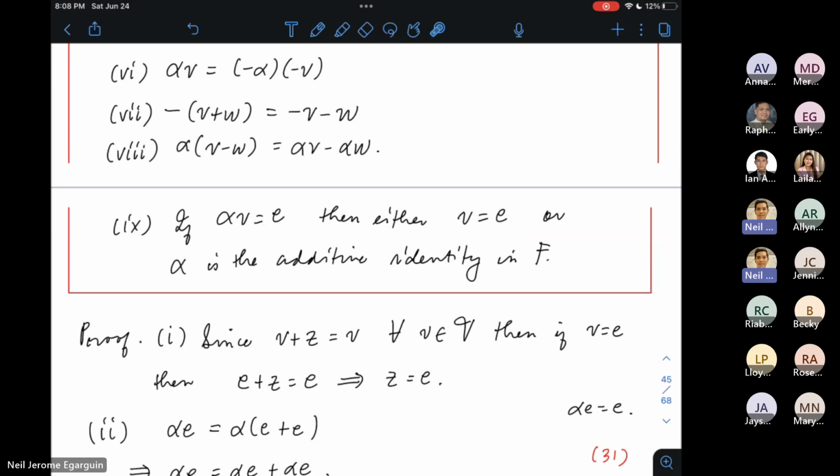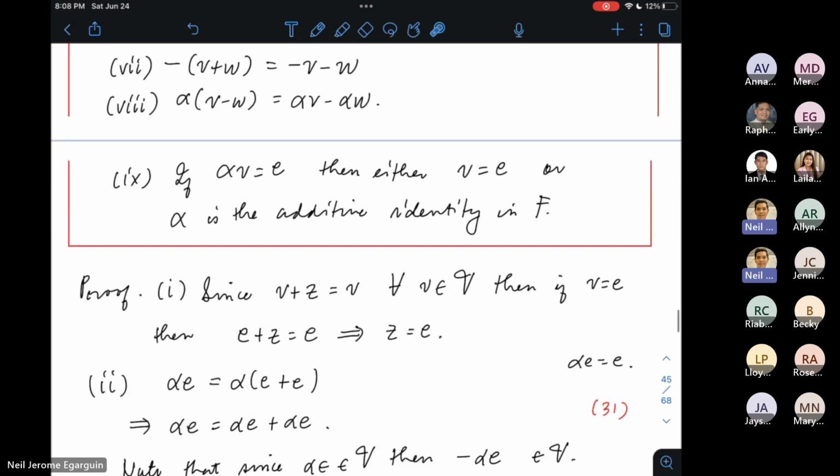Alright, so laging parang ito yung ano natin, A times B equals 0, either A is 0 or B is 0. Ganun din sa field. Pag nag-scalar multiplication siya tas ang sagot ay 0 vector, either yung vector ay 0 vector o yung scalar ay yung 0 scalar. Okay?